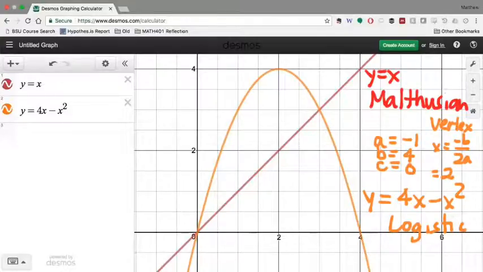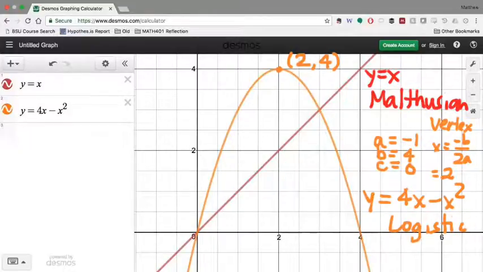And sure enough, for the vertex of the parabola we're seeing here, +2 does look like the correct x coordinate, right? And then we could plug 2 into that equation to find the y. And we'll just trust the graph on this one for now. Y equals 4.